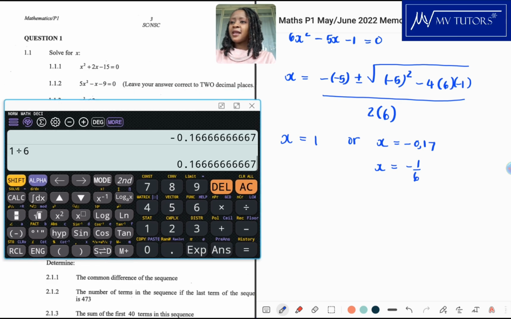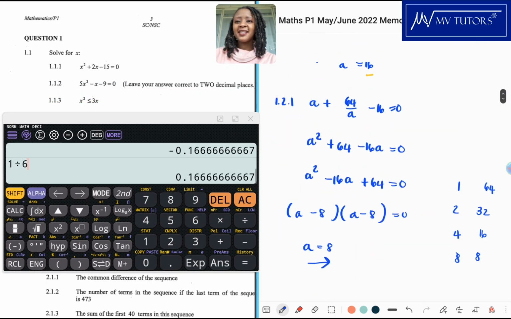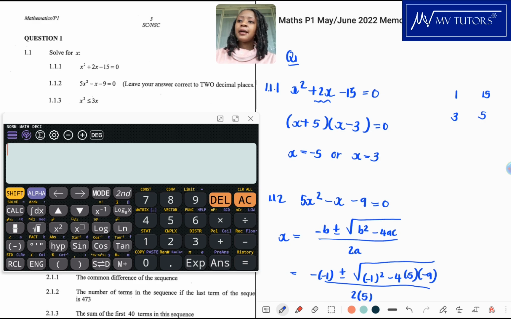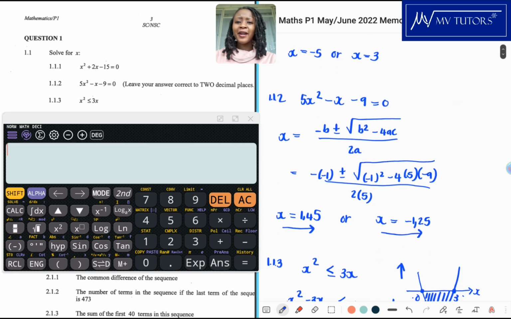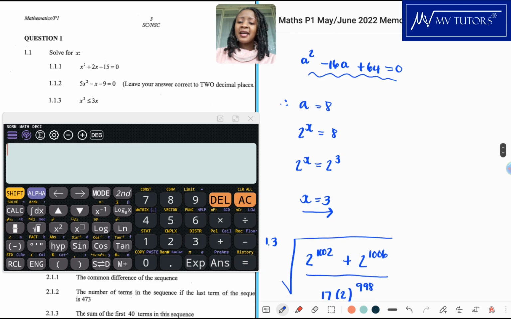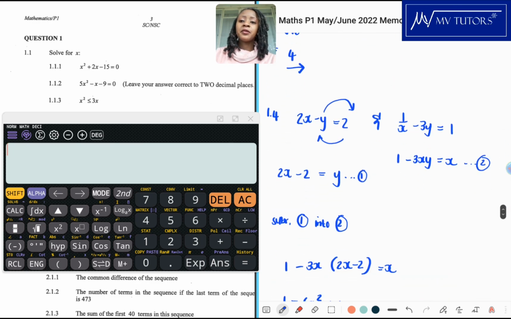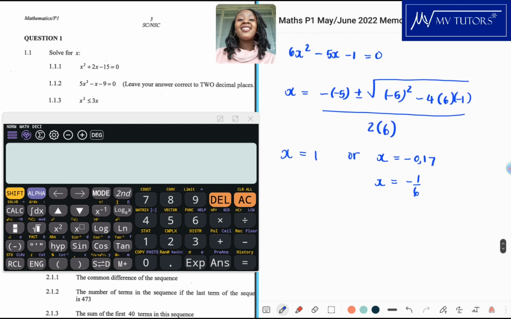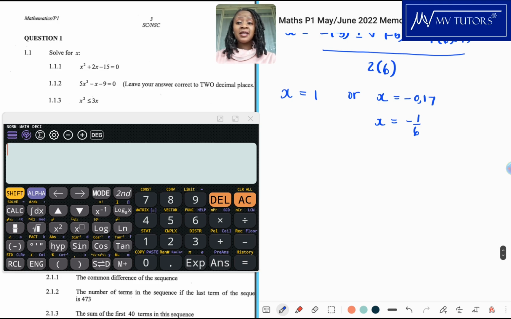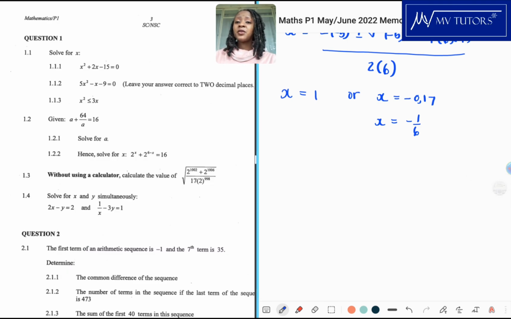Okay, yeah, so what I've been saying is I've been calculating, but I never checked if the answers are actually correct. And I'm only checking now. This will take time, but yeah, I think I'm gonna pause and check if really x is equal to -5 and 3 and 1.45 and -1.25 and all of that, because in all honesty, guys, sometimes not all the solutions are correct. So let me just finish off with this question. Then I will pause and then check everything so that I don't waste your time. And then we can really see if these answers are really working out.